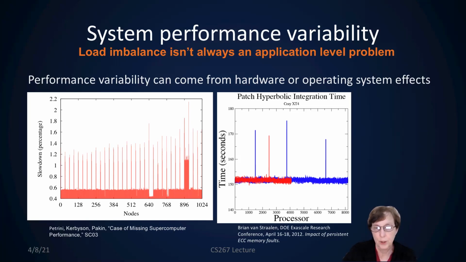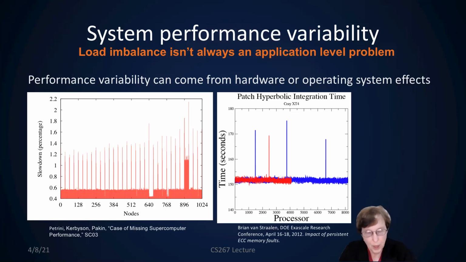On the right is actually an example of hardware variability, and this was taken on a machine that, once it was presented to the people, I think this was actually at Oak Ridge, it turned out when they investigated what was going on in these particular processors with the spikes, and by the way, there were two different executions here of different sizes. The blue execution is completely independent of the red one, but the point was that they looked at how the processor IDs were mapped onto the nodes in both of these executions, and it turned out that there were some processors that had memory that was starting to fail.